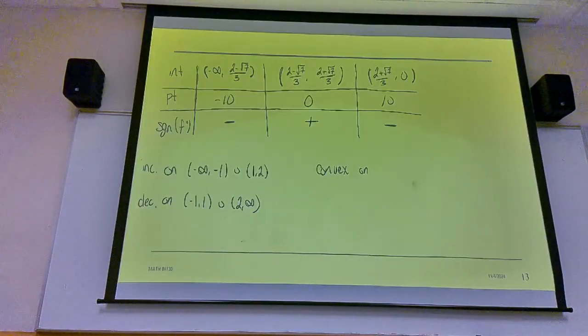Convex when the second derivative is positive. Concave wherever it is negative.